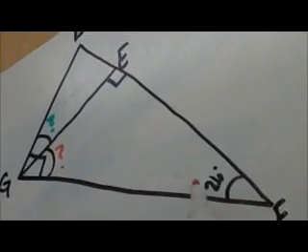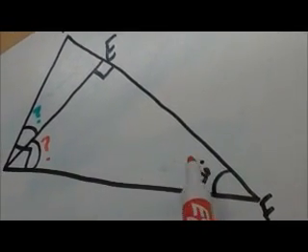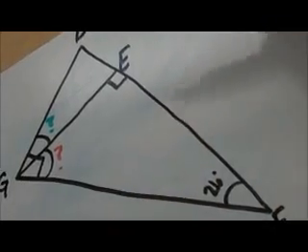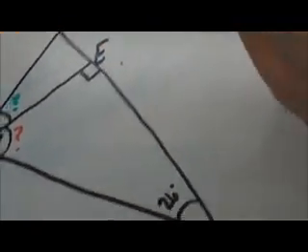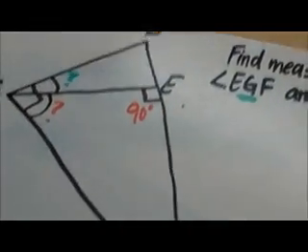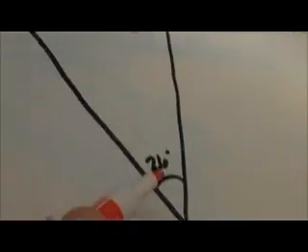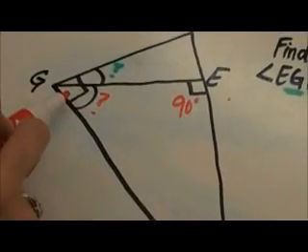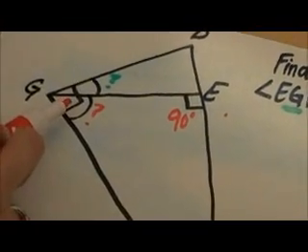Let's start with EGF, this triangle here. I notice that my little angle measure of F is 26 degrees. Looking to see what else we know, my angle measure of E has a right angle sign, so I know that has to be 90 degrees. If we have two angle measures here, can we find what EGF is? You should be saying yes.